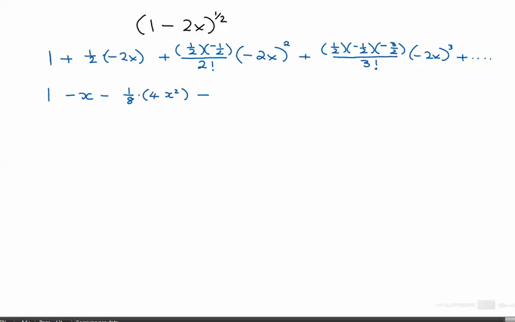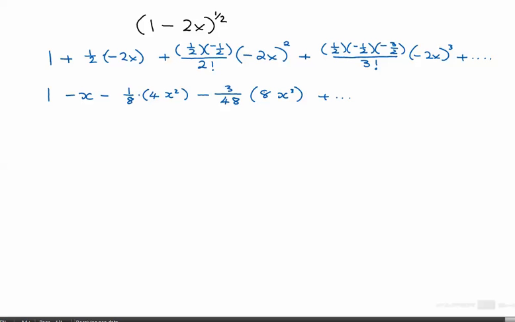And that'll be 3 over 2 times 2 times 2 is 8, divided by 6, which is 48. So I'll write that down. And then that's minus 2 cubed, which, we've already taken into account the minus, so I'll leave that. So 2 cubed is 8, x cubed.